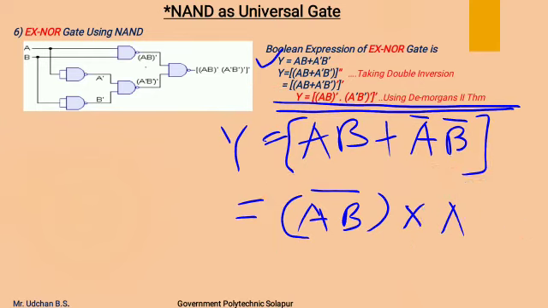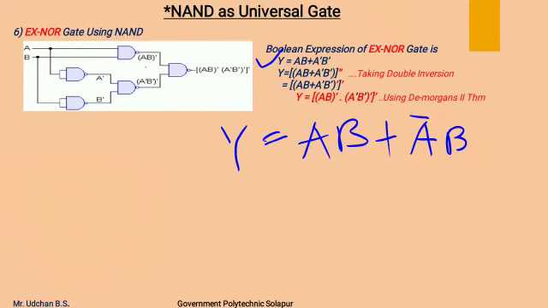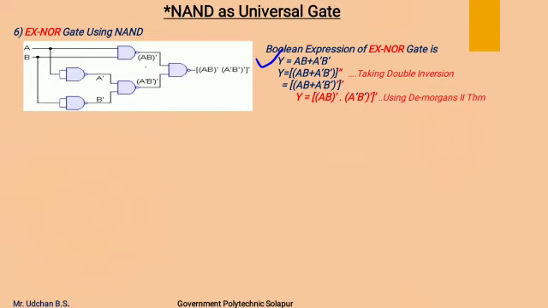Again, in this there are two terms. First one is A B complement and second one is A complement B complement its complement. So to get these two terms, I require A variable and its complement, B variable and its complement. First I will get A and A complement.